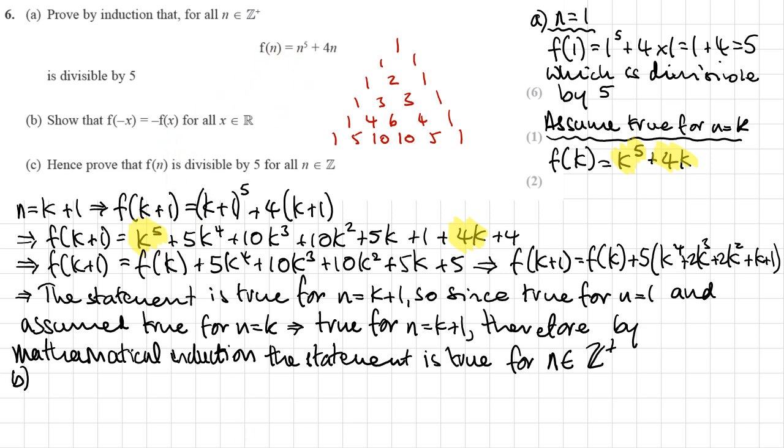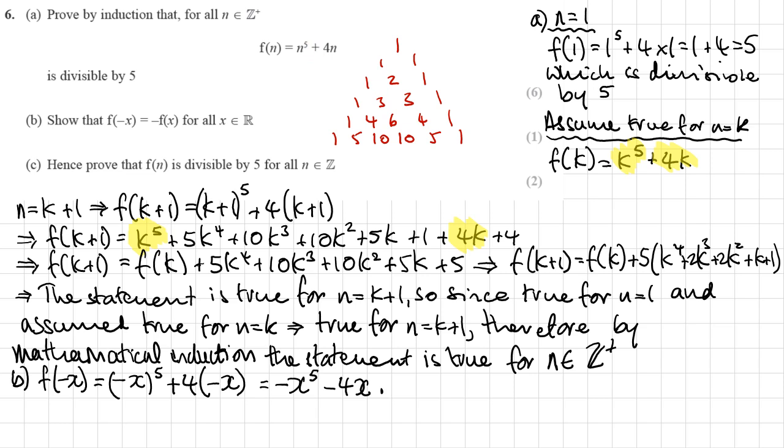So let's go about this proof. f of negative x: we'll just put negative x into our function, so that'd be (negative x) to the power 5 minus 4 times negative x. So that will give us negative x to the power 5 minus 4x, and we want a plus here, so it's plus 4x there. Okay, so that's what we get for negative x.